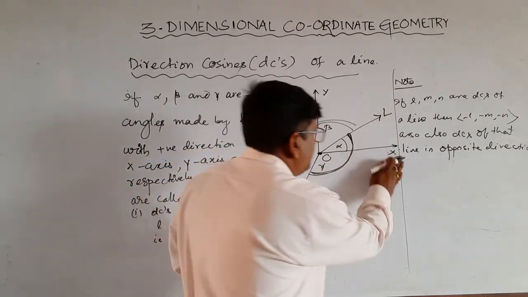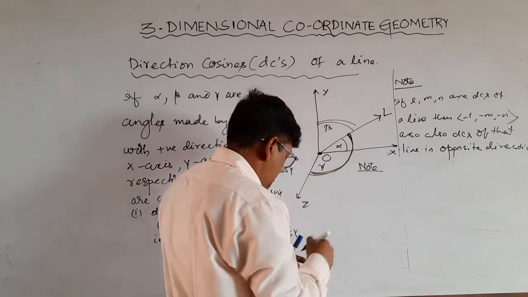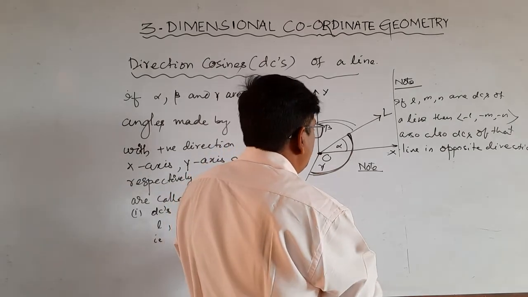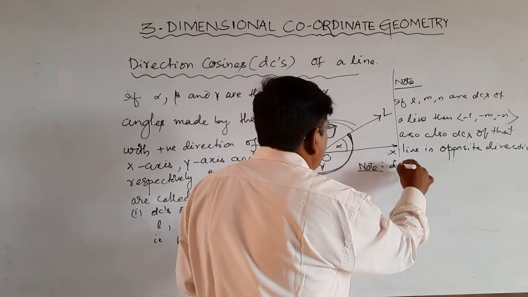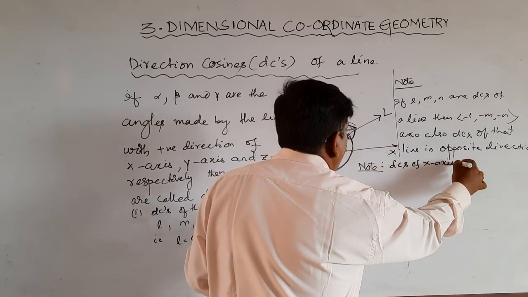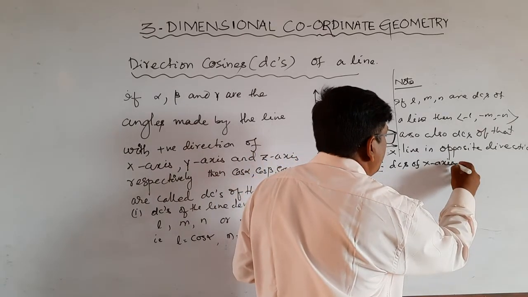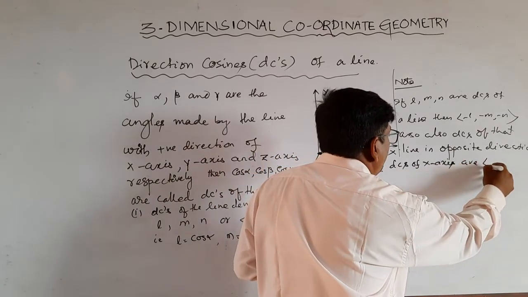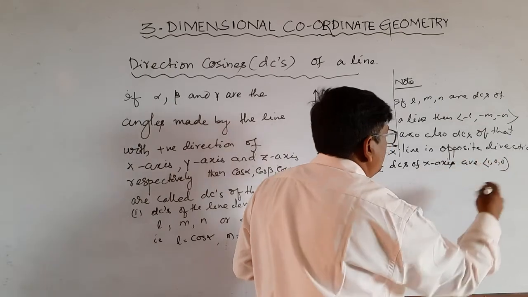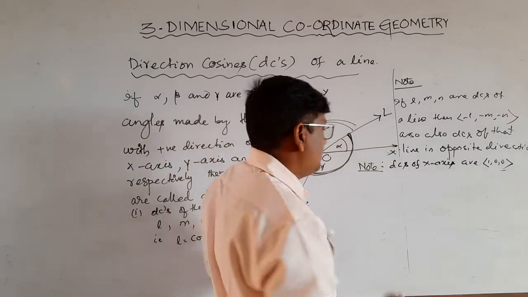Note: DCs means direction cosines. DCs of the x-axis are 1, 0, 0, in sharp brackets, not common brackets.